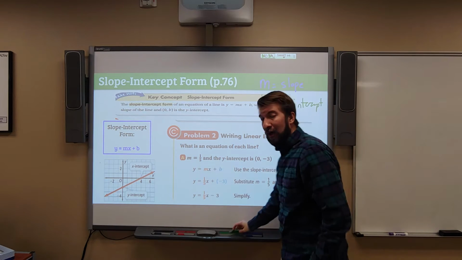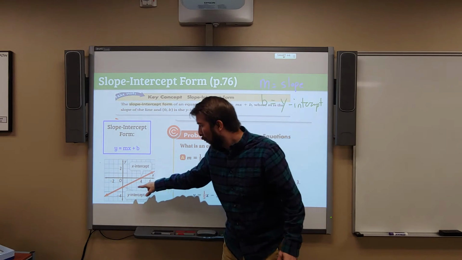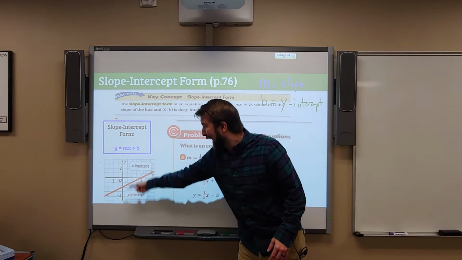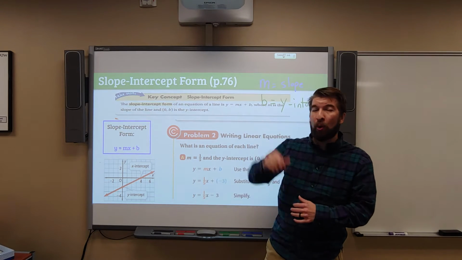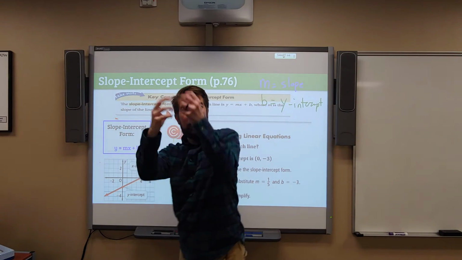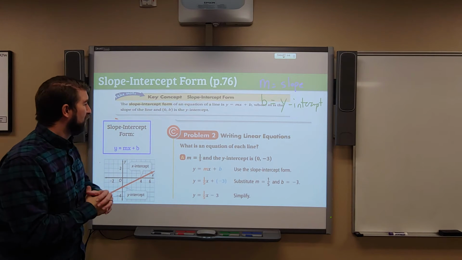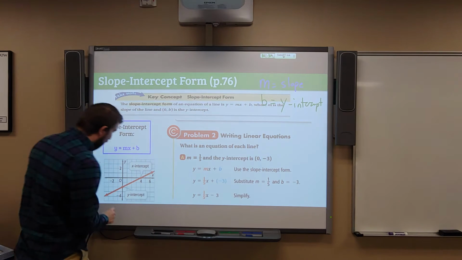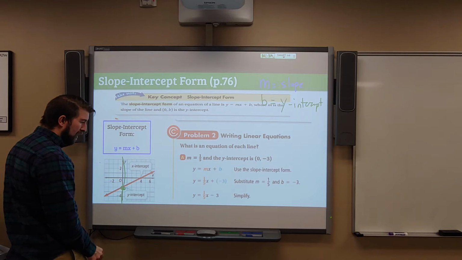Now, when we say y-intercept, what we're talking about is where the graph crosses the y-axis. Intercept means like come in front, like in football. The quarterback throws a pass, the defender intercepts the ball. He steps in front of the receiver and takes it. So the y-intercept is where the graph crosses the y-axis. So right here, this is the y-intercept.